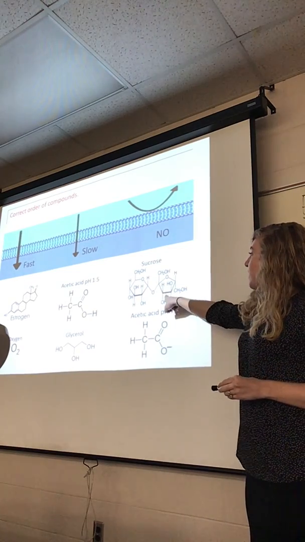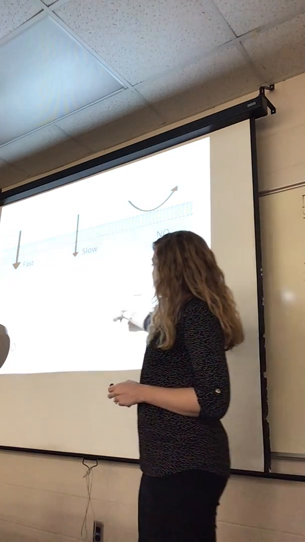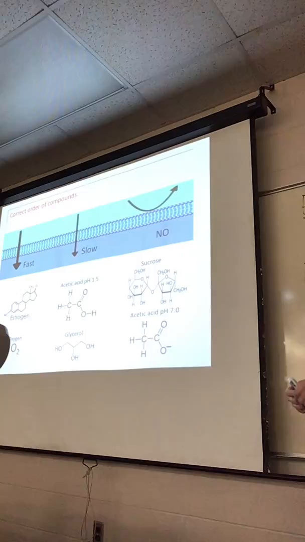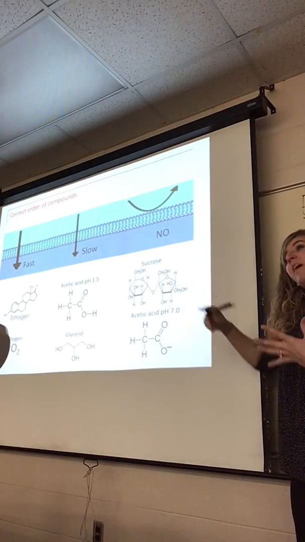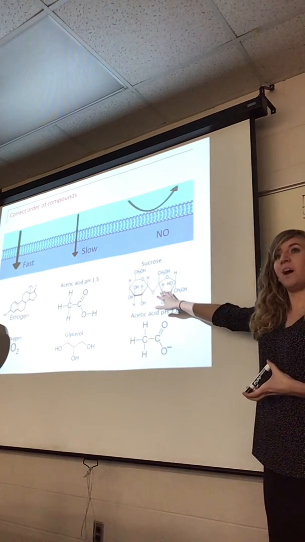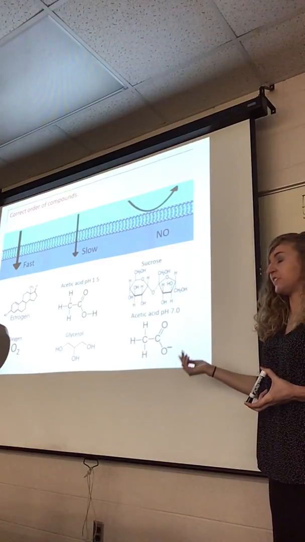So sucrose is a very large molecule. If you compare the bonding structure to these things that came through slowly, it was large. It's a disaccharide that would need a carrier. Yes, it is polar, but it's big. That's why it couldn't just diffuse through the membrane. So it doesn't matter what it is if it's big.